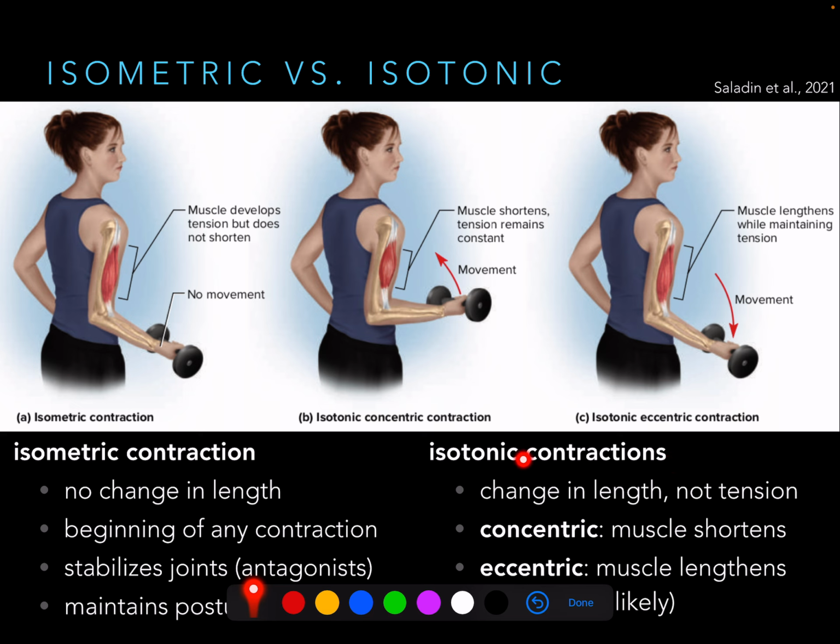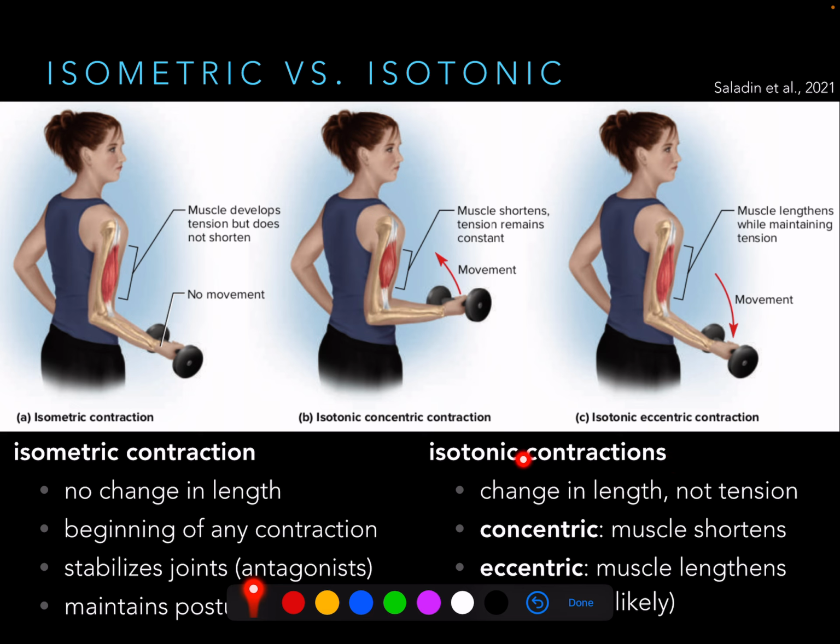We're going to keep the tone the same, and it's enough tone to overcome the load and move the dumbbell upward. So we shorten the muscle. We could also have an isotonic eccentric contraction, where we maintain tone, but we're maintaining it below the level needed to move the load, so the muscle lengthens.